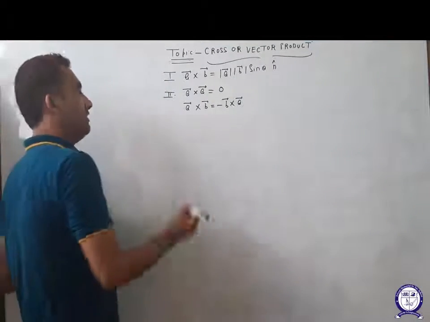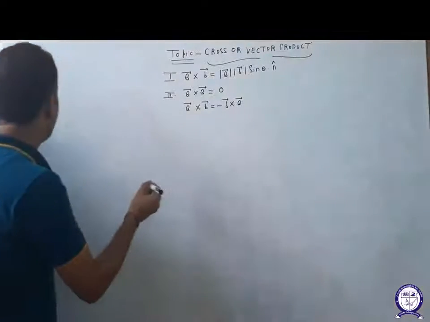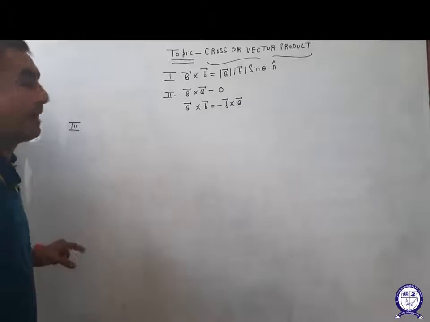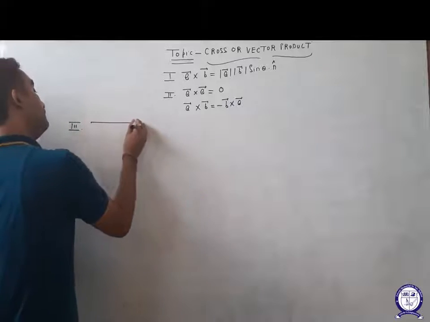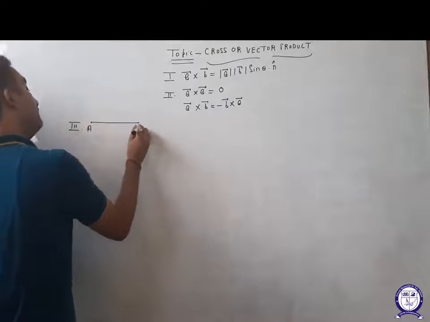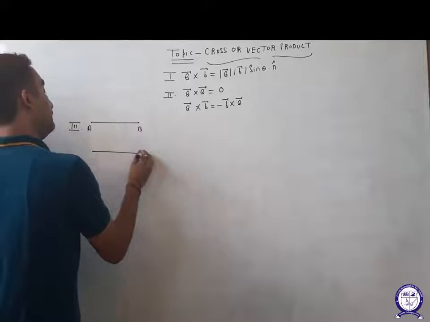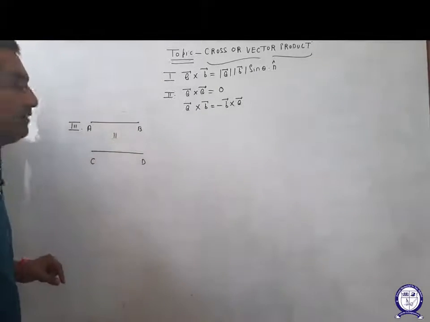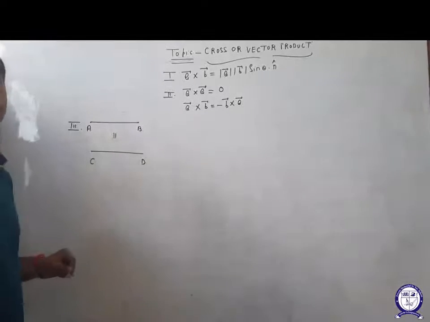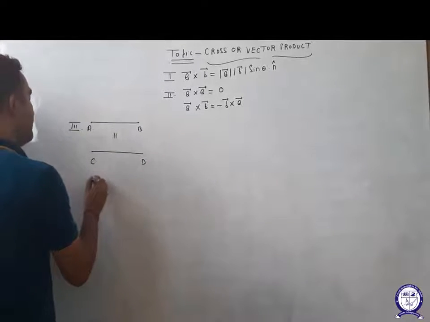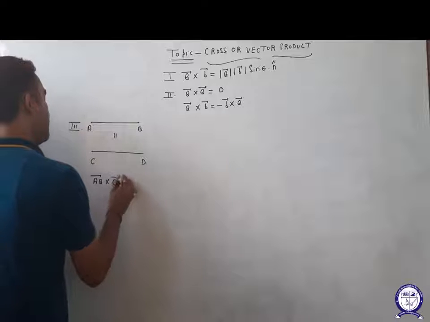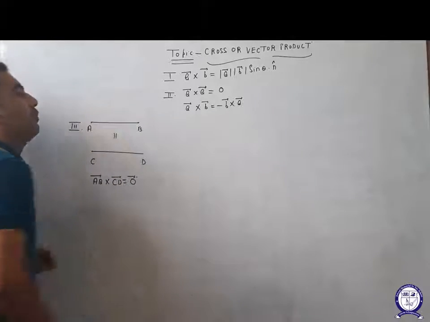Now some applications. Your third one: if two vectors are parallel, then their cross will always be 0. Or you can say AB vector cross CD vector is equal to 0 vector.